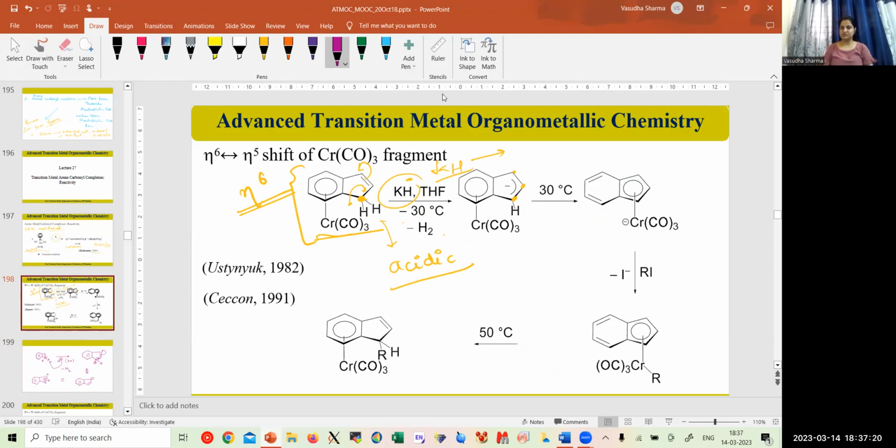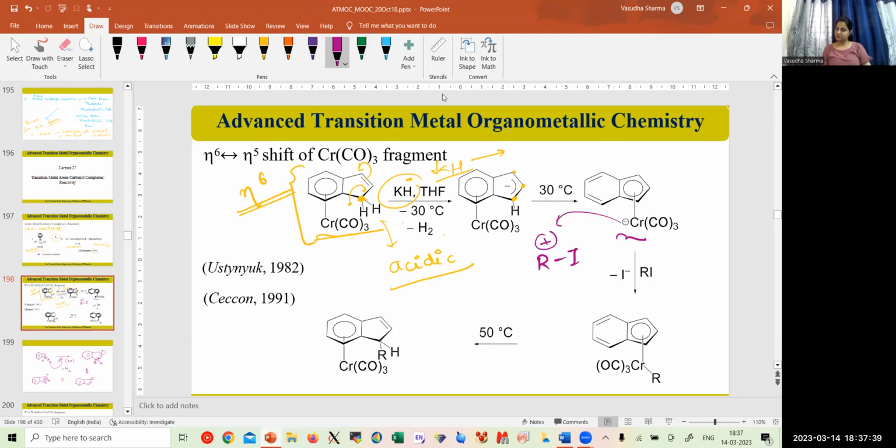So at minus 30 degrees Celsius, now this having the negative charge, it can bind easily with the metal, making it negative. Now this becomes the CP ring, Cr(CO)3. Since now chromium is having negative charge, it can easily attack on any positive moiety.